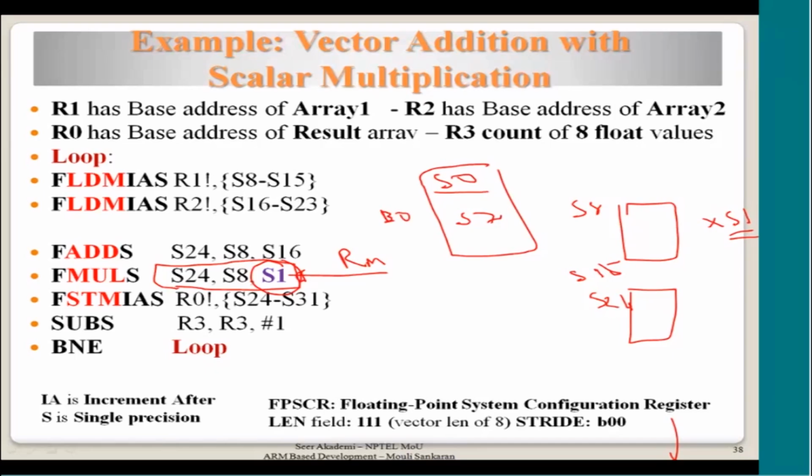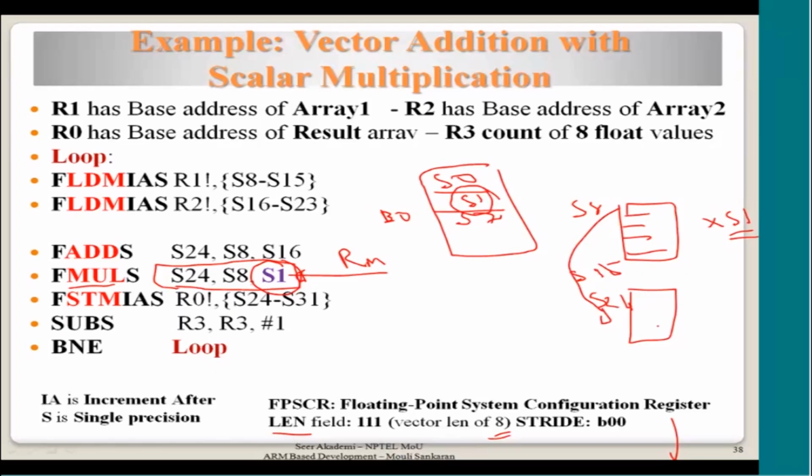Though the LEN value is not modified between these two instructions and remains 8, this instruction will do a scalar operation. What I mean by scalar is that when it sees S1, it picks only the S1 value and multiplies it with everything in S8 and writes into S24.